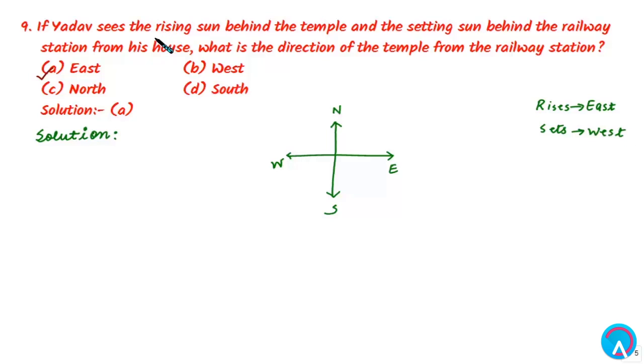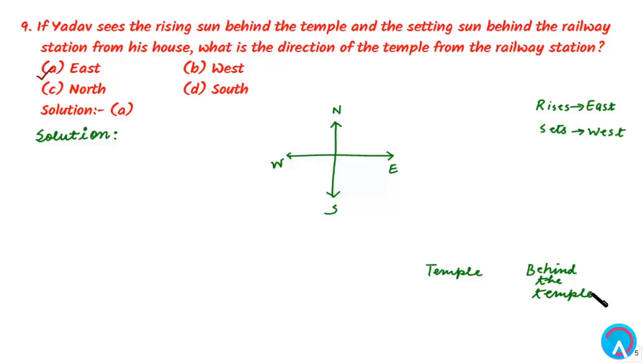So it is given that Yadav sees the rising sun behind the temple. So that means temple will be in this direction. That means it will be eastwards. And if this is the temple, then this is behind the temple.